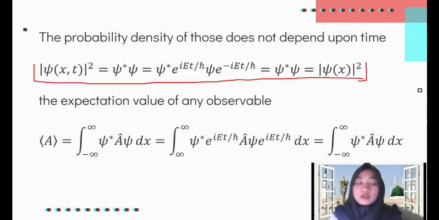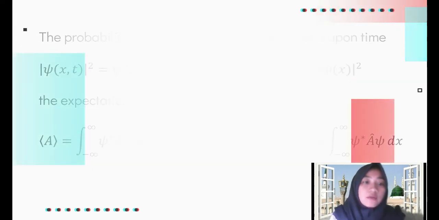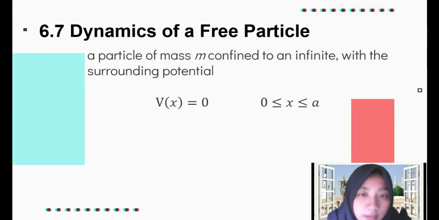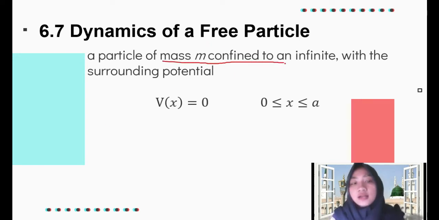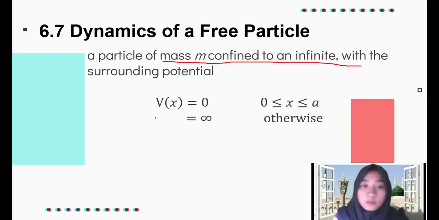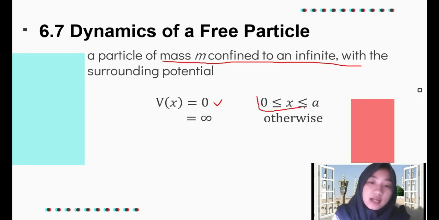Now, we'll start section 6.7, dynamics of a free particle. Suppose a particle of mass m is confined to an infinite square well along the x-axis, see figure 7.1, with the surrounding potential given by V equal to 0 for 0 less than x less than a.